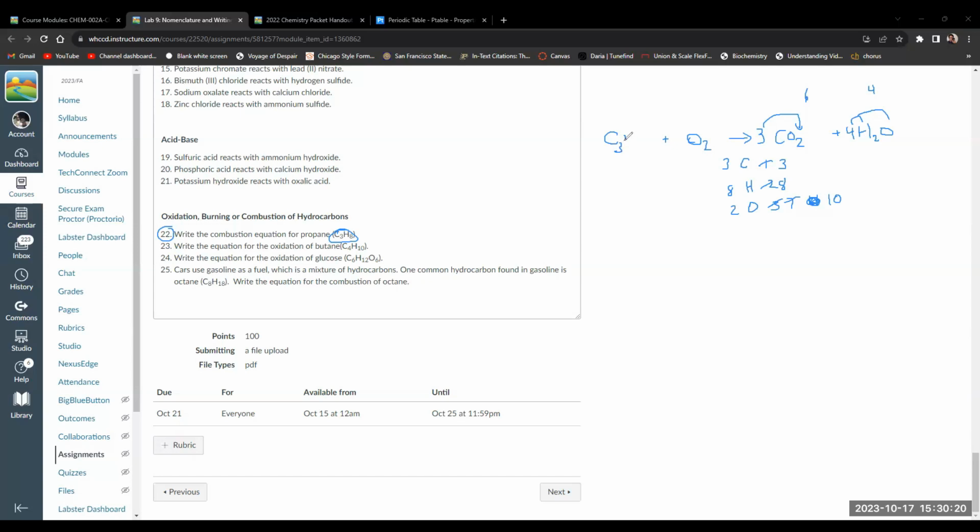Oops. So we're almost there. And now we just need our oxygens to be balanced.